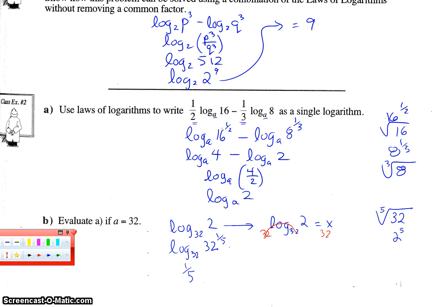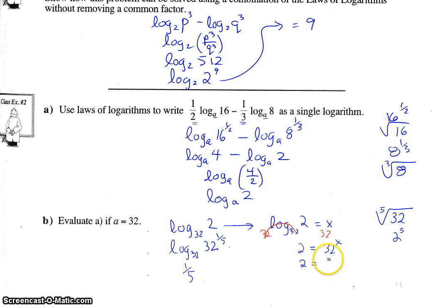So undo the log by doing the exponent. And we would now be in exponential form, which is 2 equals 32 to the x. All right, now exponential equation. We want to get the bases the same on both sides. We've got 2 and 32, so we're probably going to change them to base 2. So that would be 2 to the 5th. And then the x is outside, so we would do power of a power, multiply those.